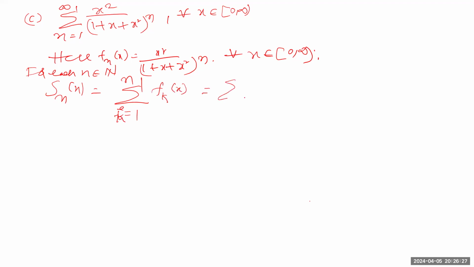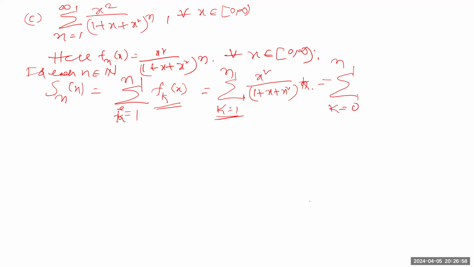What is this one? This is the summation k equals 1 to n, where fk is x square over (1 plus x square) to the power of k. What I am going to do is run this summation from k equals 0 to n. When k is 0, there will be an x square term, so you can subtract x square.